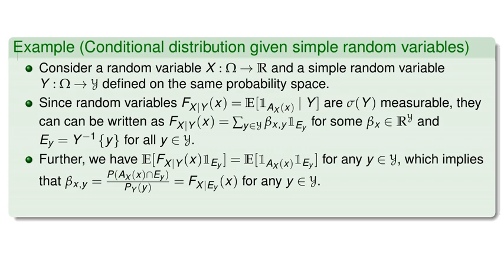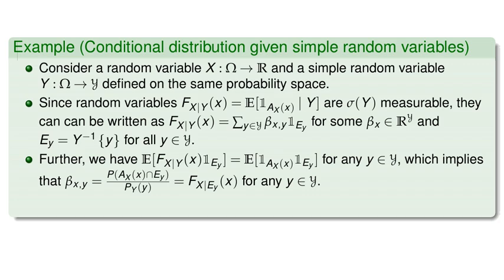Furthermore, the averaging property tells us that the expectation of F sub X given Y of x times indicator E sub y equals the expectation of indicator A sub x of X times indicator E sub y for any y in script Y. The left side simplifies to beta sub x comma y times P sub Y of y.